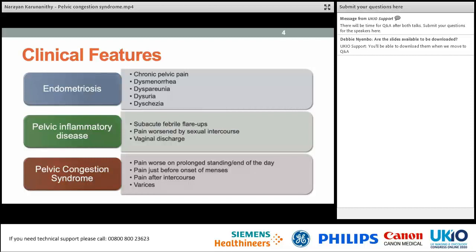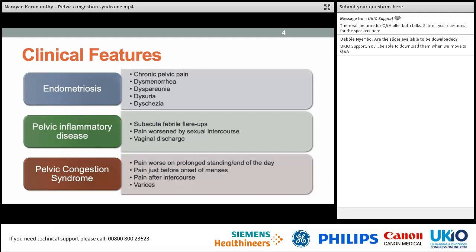In considering pelvic congestion syndrome, there's often quite an overlap with other gynecological conditions, and mainly endometriosis and pelvic inflammatory disease. But there are certain clinical characteristics of patients with pelvic congestion syndrome where you would then think quite likely of the diagnosis of pelvic congestion syndrome.